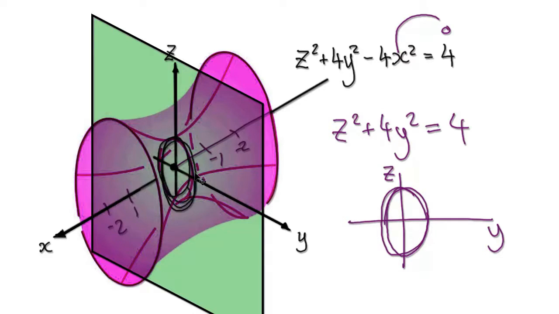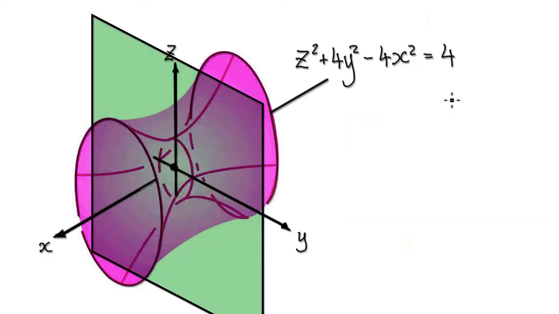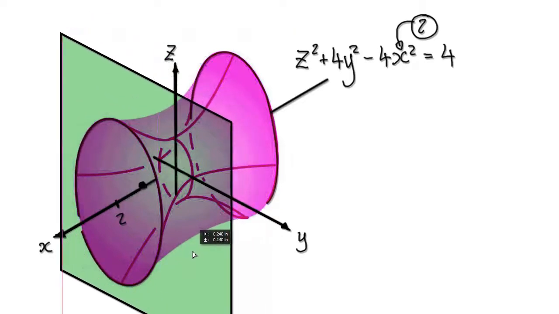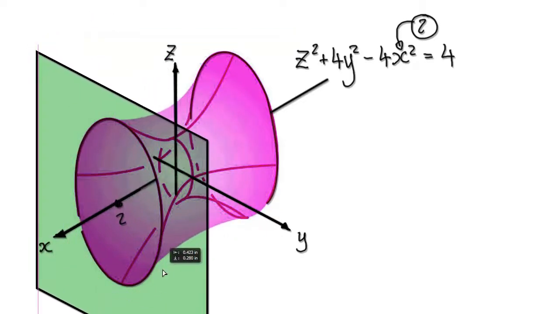Now let's try and understand this. So let's try and put 2 into here. So let's just imagine 2 is here. So when you put 2 into the x, you've got to move the vertical plane to x equals 2. So now when you put 2 into this x here, this thing here will become 4 times 4, which would be 16.